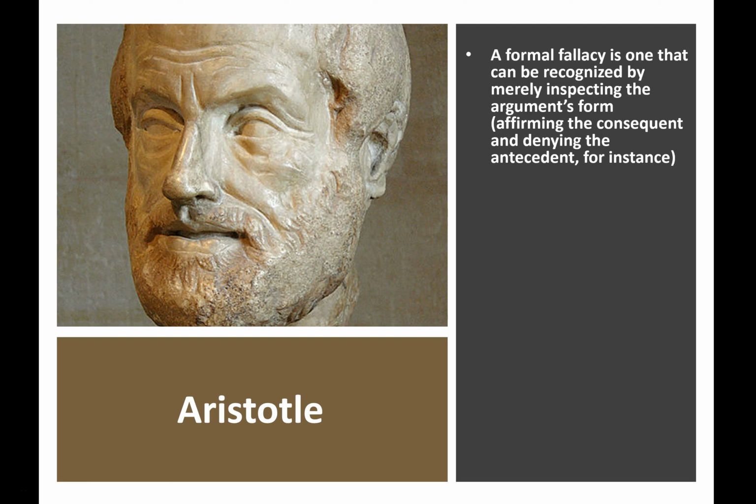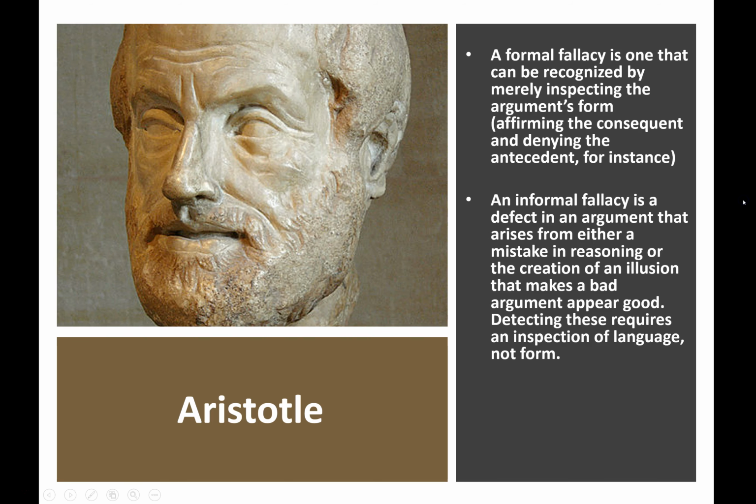like I said earlier, a formal fallacy is one that can be recognized by merely inspecting the argument's form. Like I said, affirming the consequent, denying the antecedent, for instance. You just have to look at the form of the argument to tell there's something wrong. But an informal fallacy, which is what we're focusing on, is a defect in an argument that arises from either mistaken reasoning or the creation of an illusion that makes a bad argument appear good.